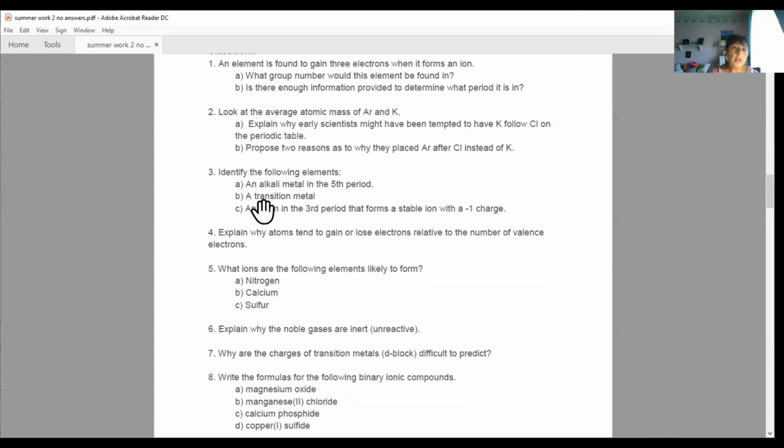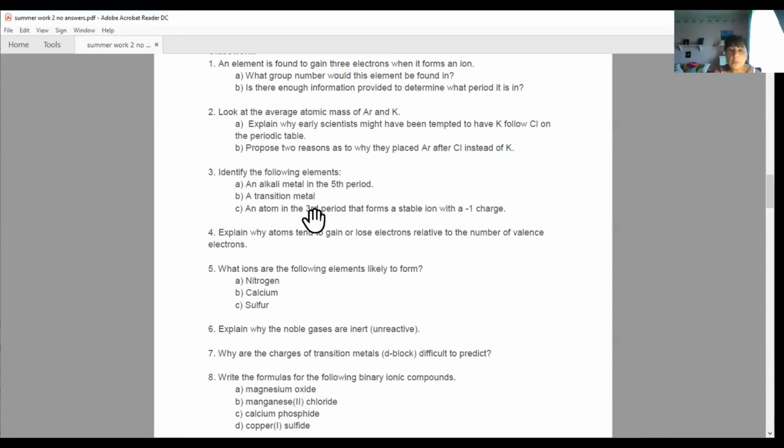So number 3, identify the following element. Alkali metal in the 5th period. So the fifth period is rubidium. Transition metal in the fifth level of energy, could be the fifth, a transition metal.